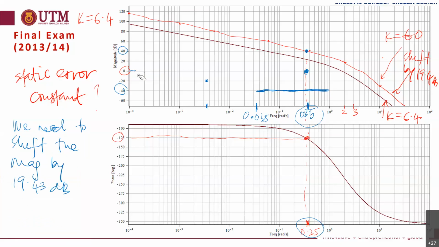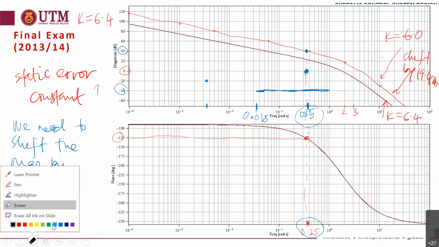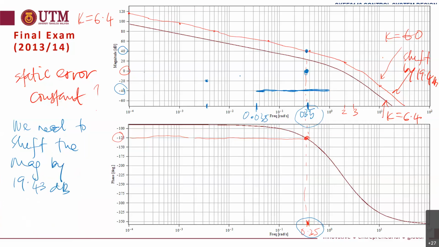I remove this first. So now we have to draw a straight line of minus 20 dB per decade like this. Please use a ruler, until 0 dB.